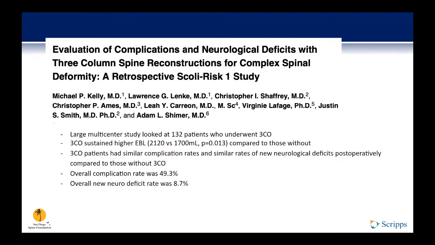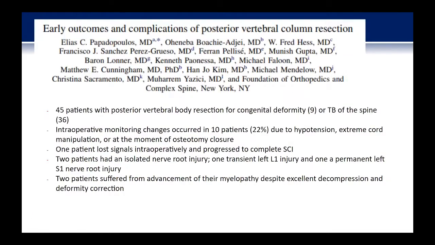They showed that, obviously, 3-column osteotomy patients had higher EBLs, but they had similar complication rates and similar rates of new neurodeficits postoperatively. And again, we know that these patients have high complication rates. Their multi-center study showed a 49.3% overall complication rate and an 8.7% new neurodeficit rate.